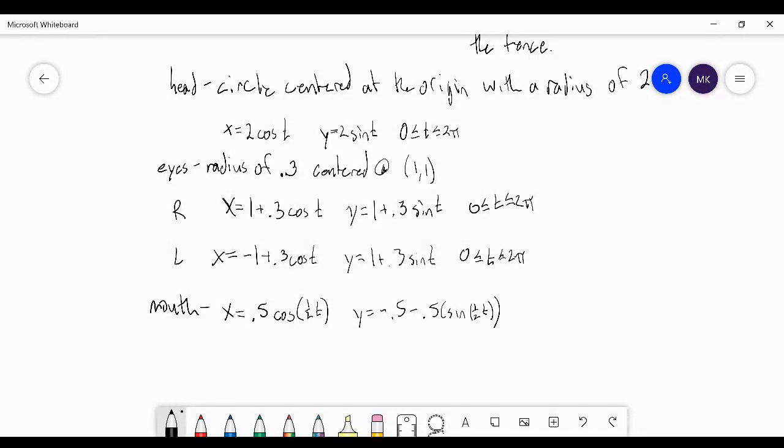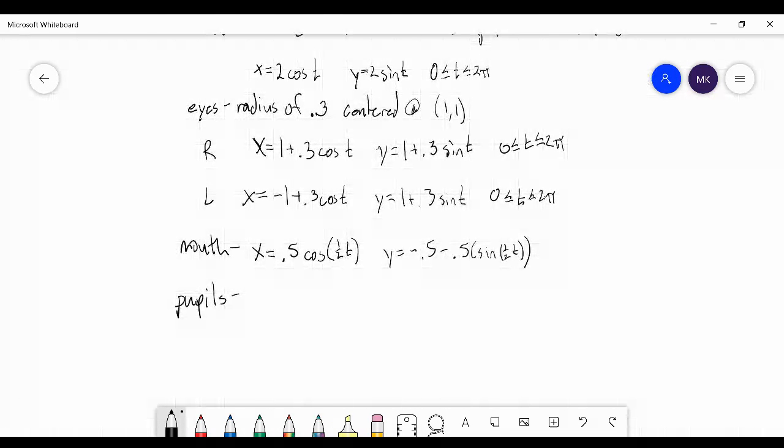Okay. Now, what about our pupils? How do I do pupils? Pupils are easy. If you've taken a stats class, you definitely know how to do this, but really it's any sort of regression which you've done, should have done in other classes.